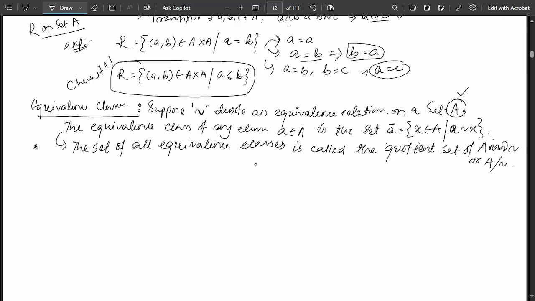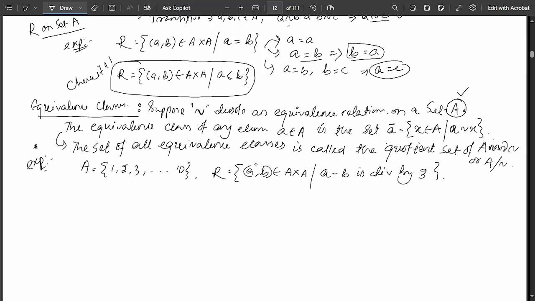For example, I have a set A where I have 1, 2, 3 up to 10. I define a relation R, which is the collection of all ordered pairs (a, b) which belongs to A cross A, where a minus b, the difference, is divisible by 3.